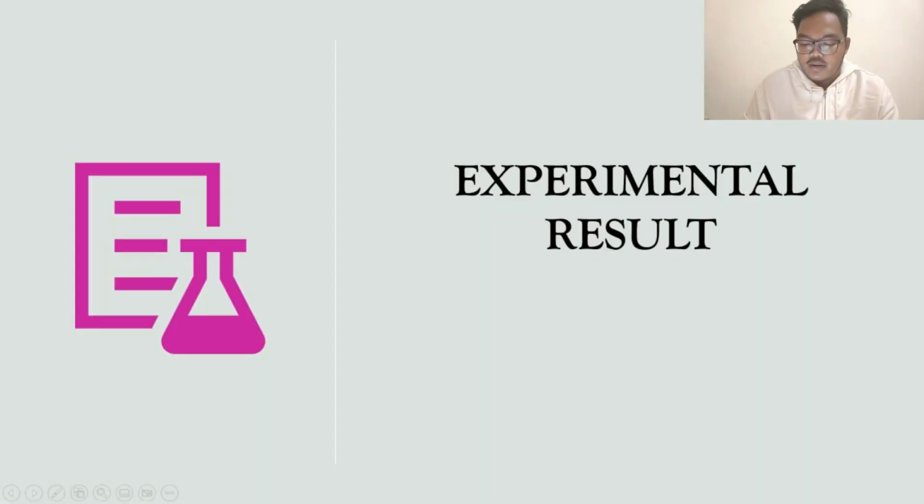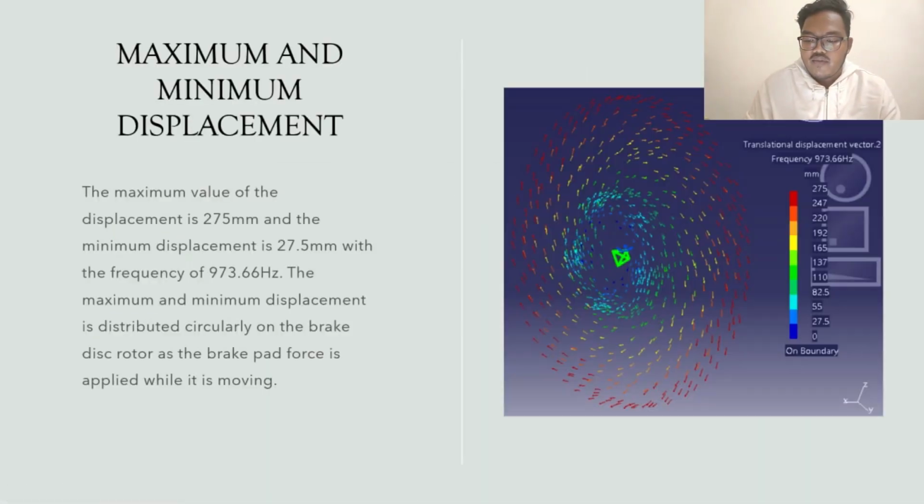And for the experimental result, the maximum value of the displacement is 275 mm and the minimum displacement is 27.5 mm with the frequency of 973.66 Hz. The maximum and minimum displacement is distributed circularly on the brake disc rotor as the brake pad force is applied while it's moving.